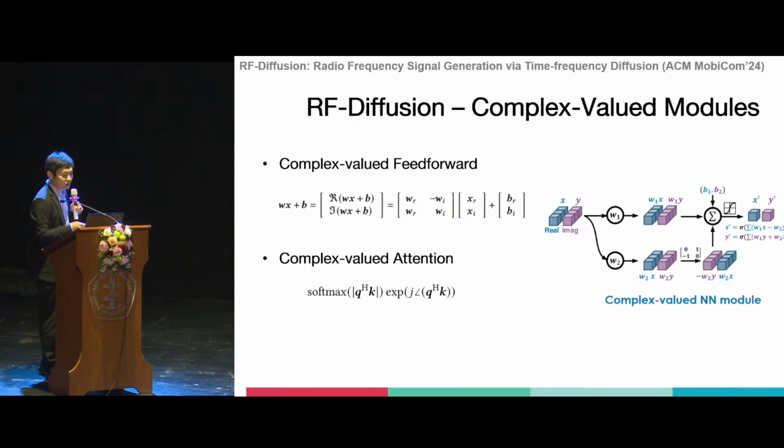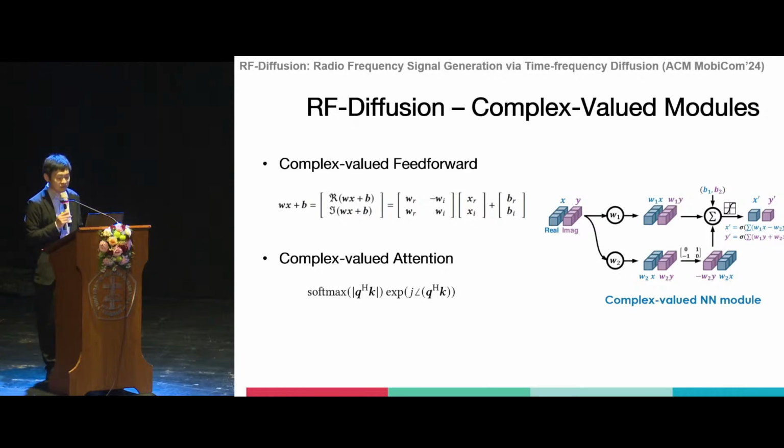So for example, a complex linear layer can be seen as four real multiplications: real to real, imaginary to imaginary, real to imaginary, and imaginary to real. In the attention mechanism, we also adjust the computation.